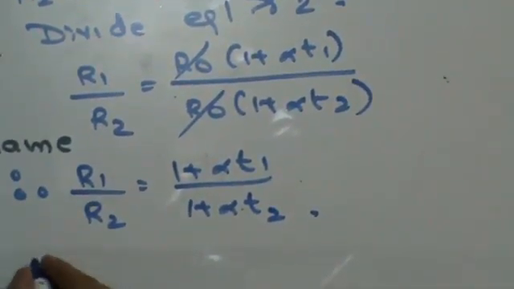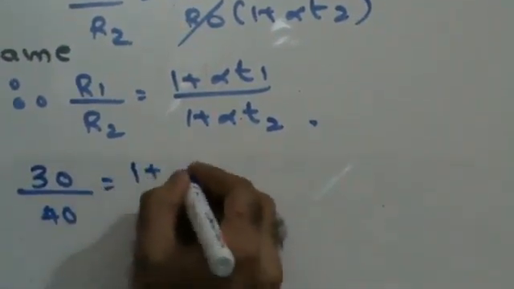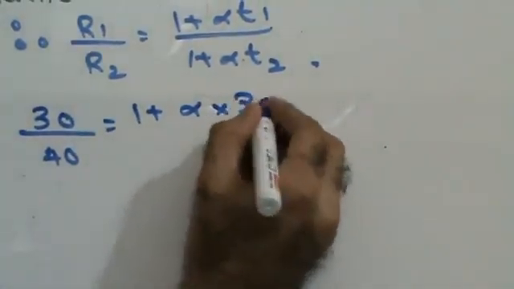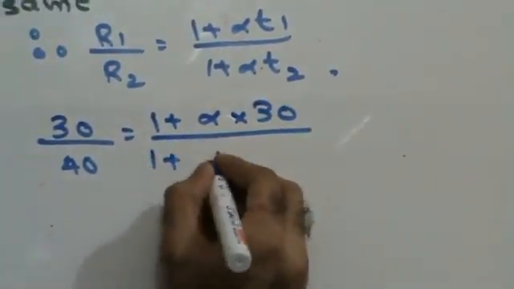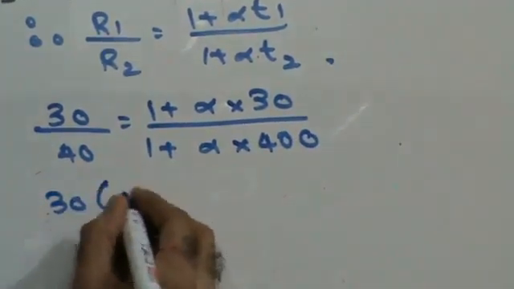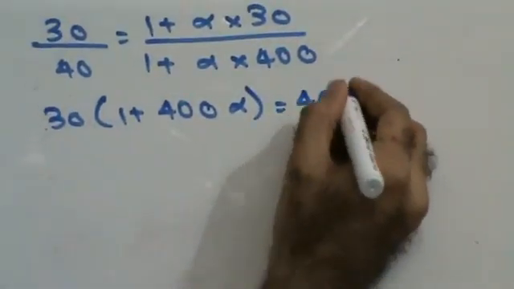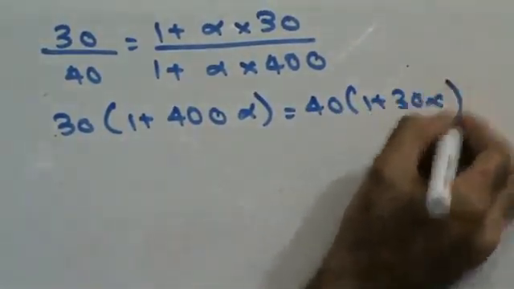You have the values with you. So 30 upon 40 is 1 plus alpha into T1, upon 1 plus alpha into T2. That's 400. So 30 into 1 plus 400 alpha is 40 into 1 plus 30 alpha.